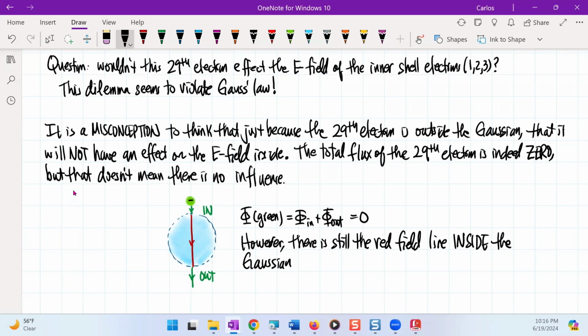And because it's still there, that implies that outer electrons apply an electric force on inner electrons.